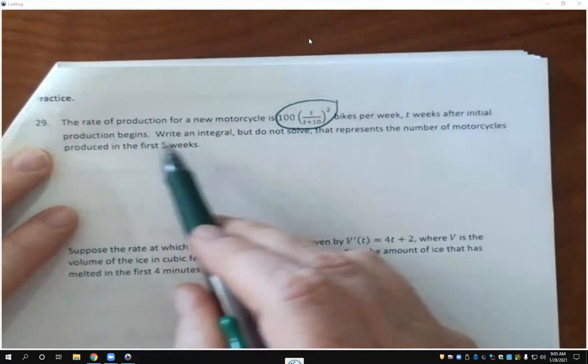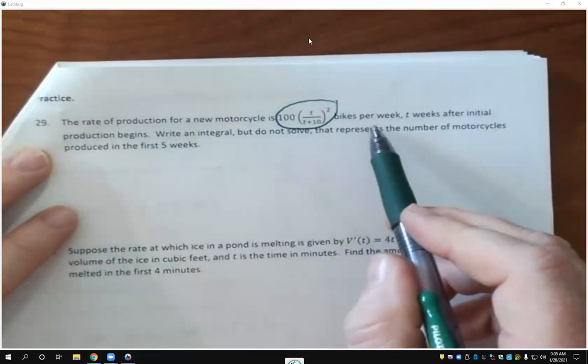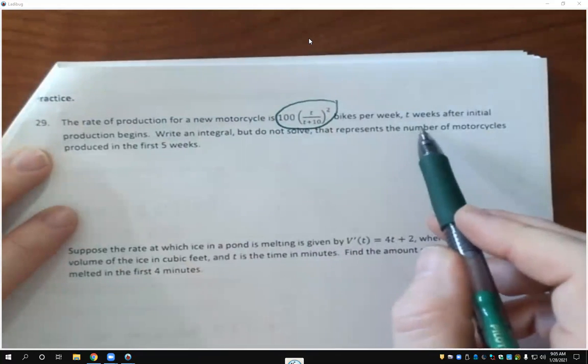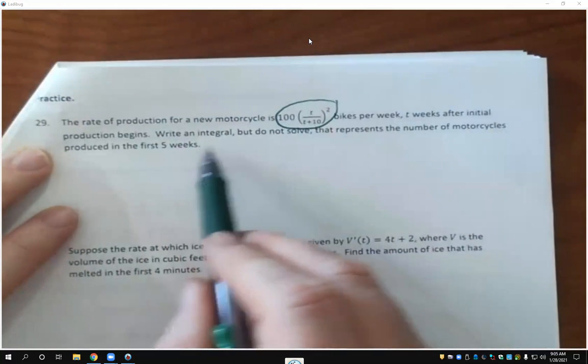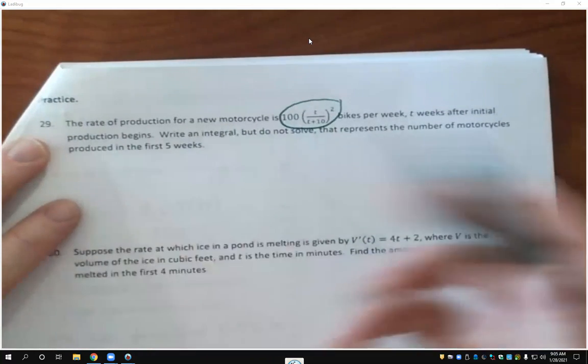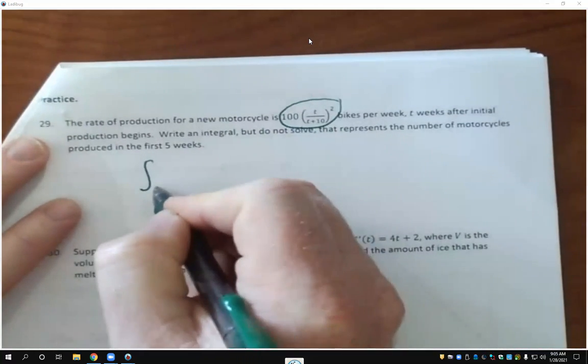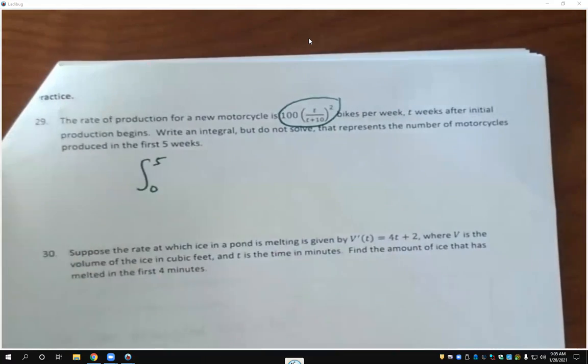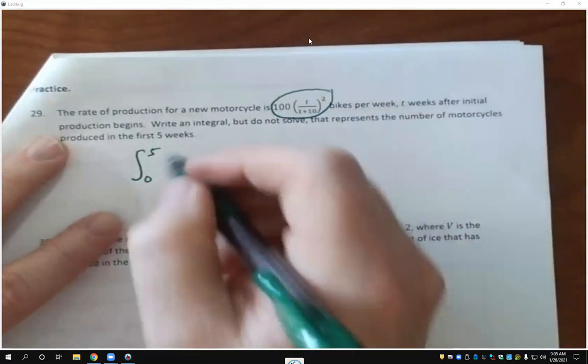Okay. So the rate at which bikes are being produced is given by this function, t weeks after initial production begins. Write the integral, but do not solve. And the number of motorcycles produced in the first 5 weeks. So we're going to integrate from 0 to 5 that function.